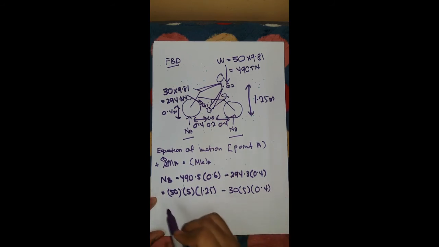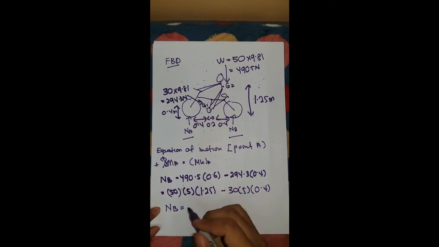Okay, so we have one unknown here. We can solve it, and the normal here is going to be 39.52 Newton.